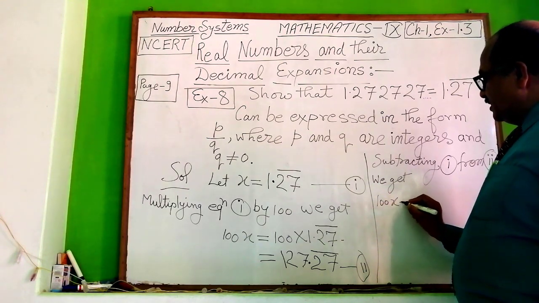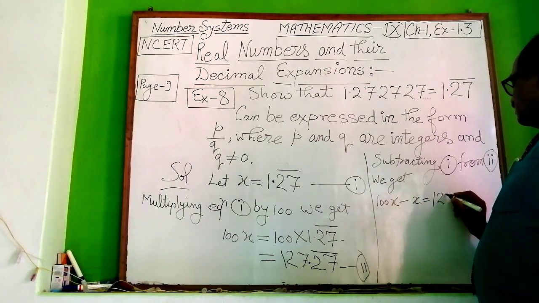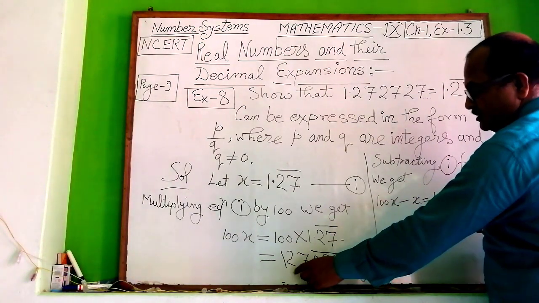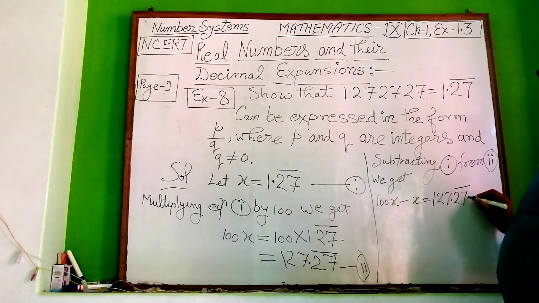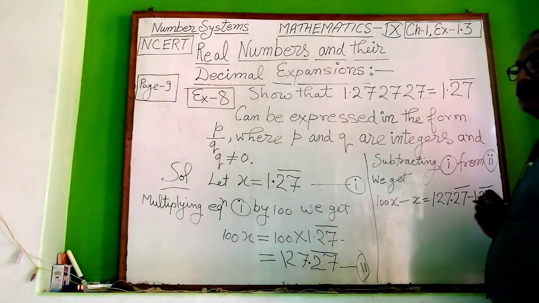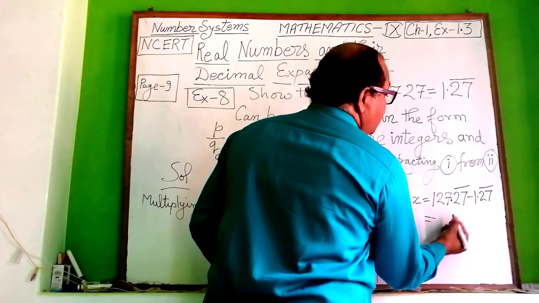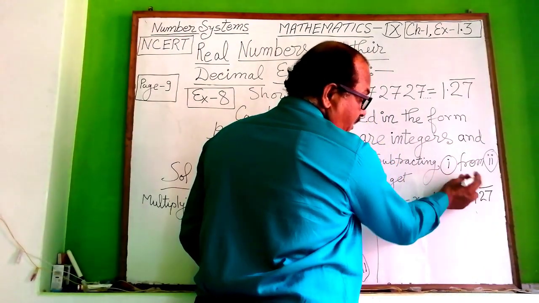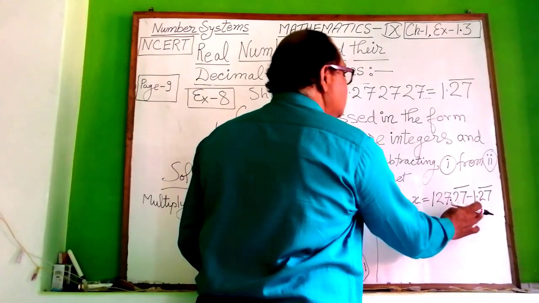100x minus x is equal to 127.27 repeating minus 1.27 repeating. You can subtract this very easily. After the decimal place 27 is repeating, and here also 27 is repeating.